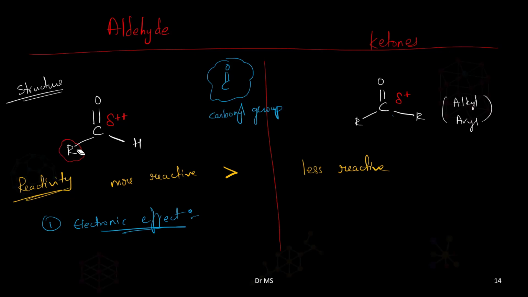That alkyl group is pushing the electrons towards the carbon. Like that, there are two alkyl groups present in the ketone, and they both are pushing the electrons towards the carbon. So the positive charge which is present is decreased. Whereas here it is only one alkyl group, so it is not decreased much. So that is the reason the electronic effect is more for this carbon compared to this carbon. So the carbonyl carbon in aldehydes is more partially positive compared to the ketones. Have you understood this?